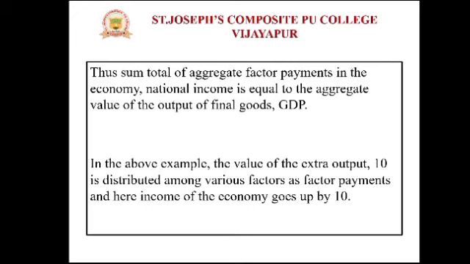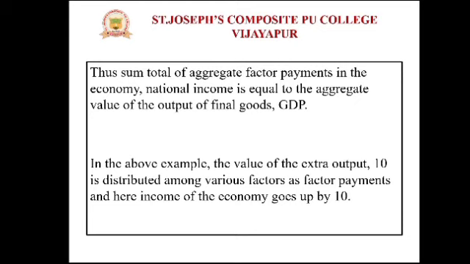These are the factor payments. So these factor payments, that is national income, are equal to the aggregate value of the output of final goods, that is what? GDP.